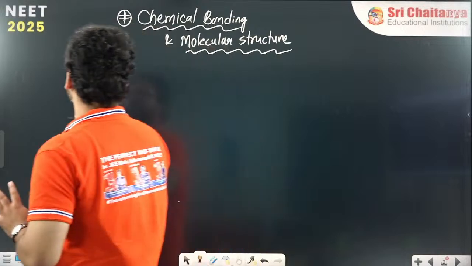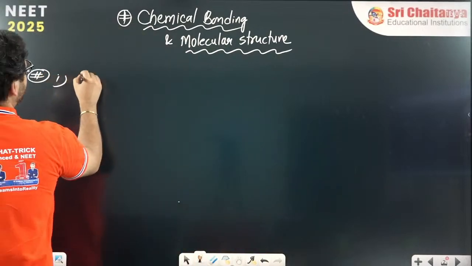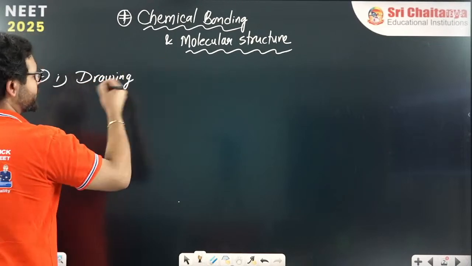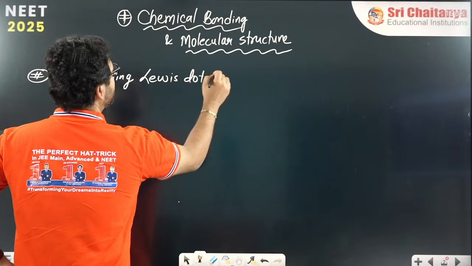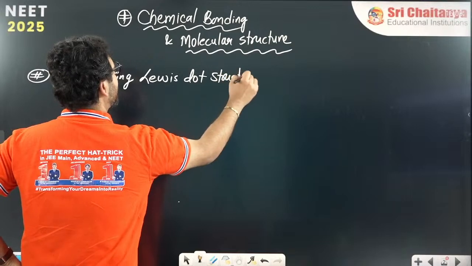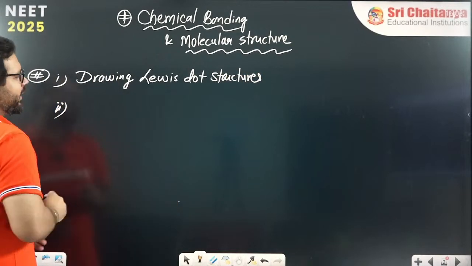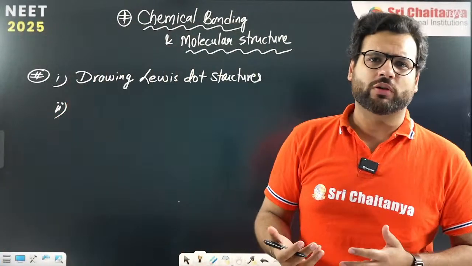So 3 tricks I will discuss with you. First part will be to draw structure using Lewis dot structure theory, so drawing Lewis dot structures. Second, after you have learnt about Lewis dot structure, there are some problems with it.